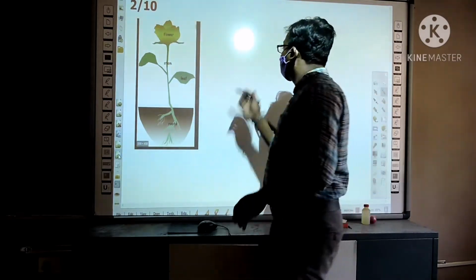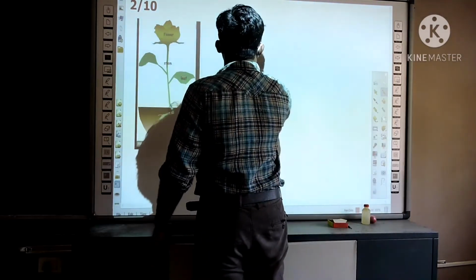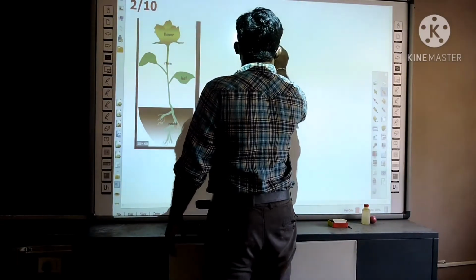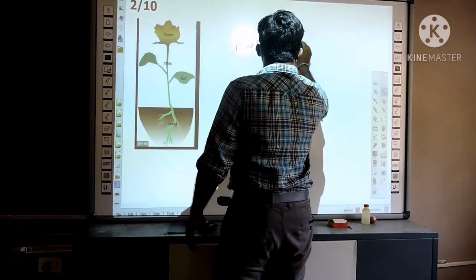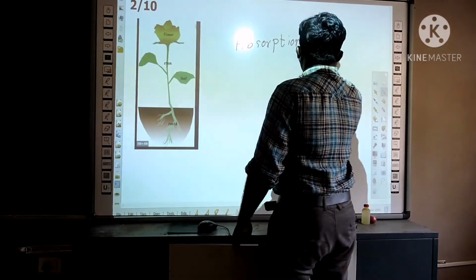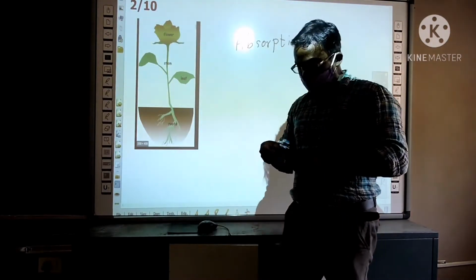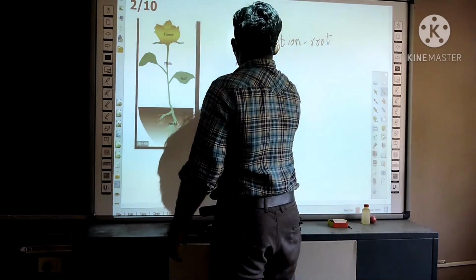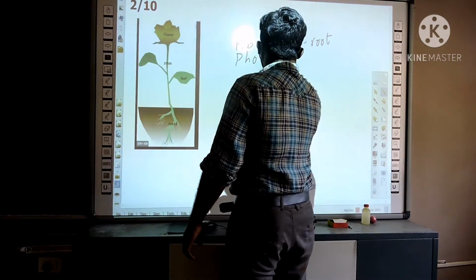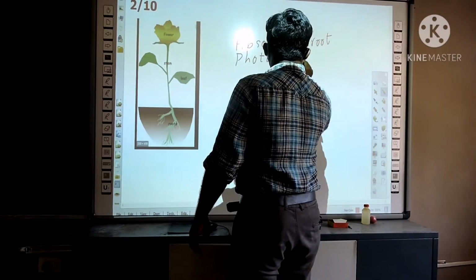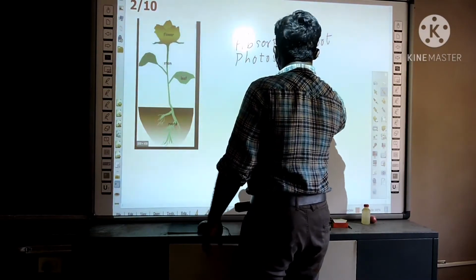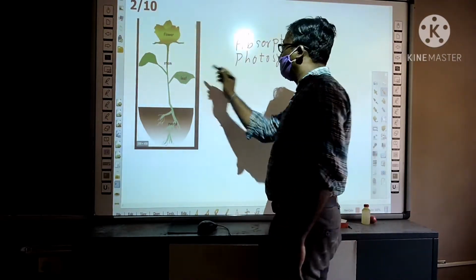Yeah, root. Absorption from root. So they absorb the water and minerals. Which parts perform photosynthesis? Leaves.